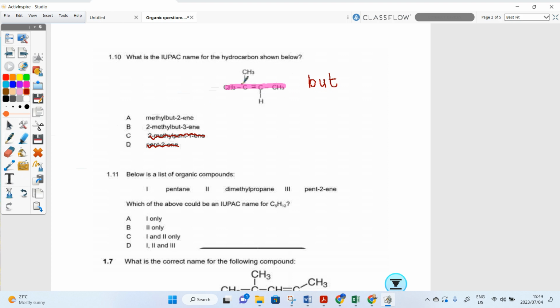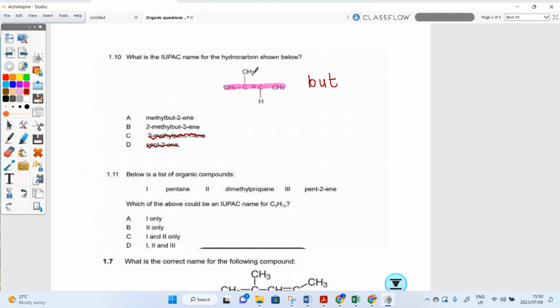Now we need to see which side I am going to start numbering from. Normally it's the double bond that takes preference. But here the double bond is exactly in the middle. So it's 1, 2, then double bond, 1, 2, then double bond. But then there's an extra CH3. So where is the most stuff happening? On the left-hand side. We always want the numbers to be as small as possible.